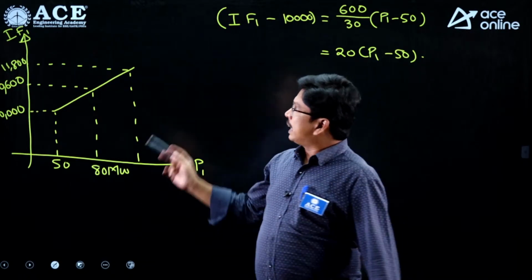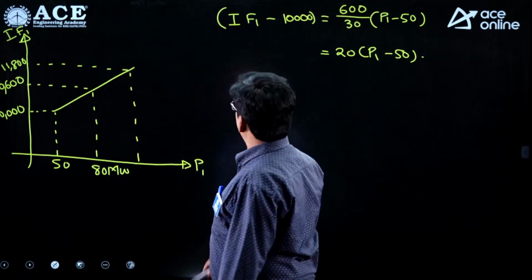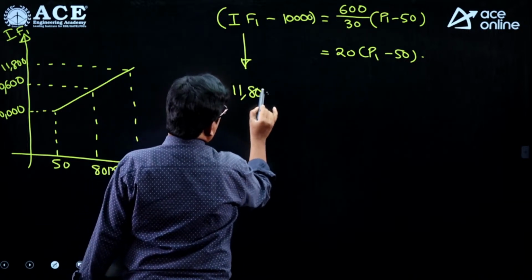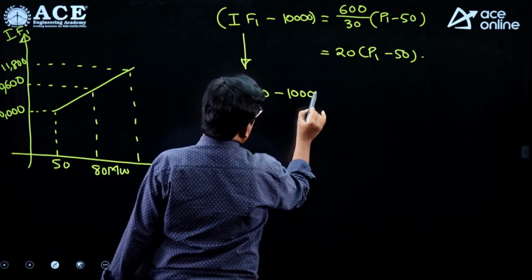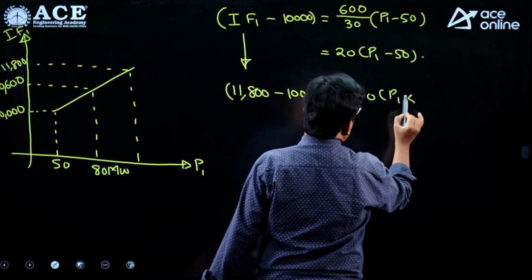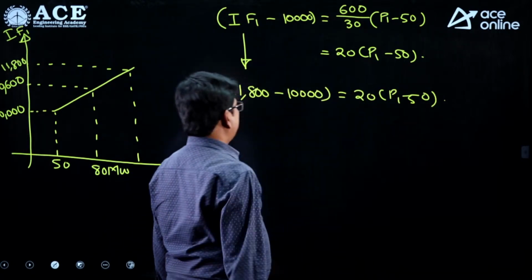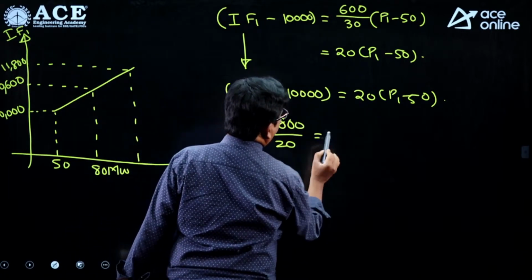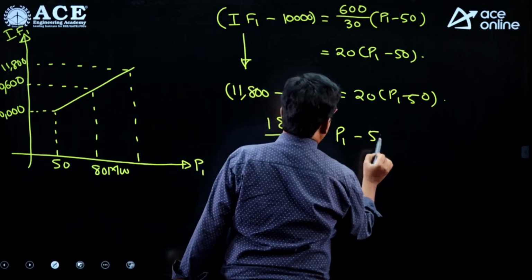Now, whenever the incremental fuel cost is 11,800, then 11,800 minus 10,000 is equivalent to 20 into P1 minus 50. Right? So 1800 divided by 20 is equivalent to P1 minus 50.